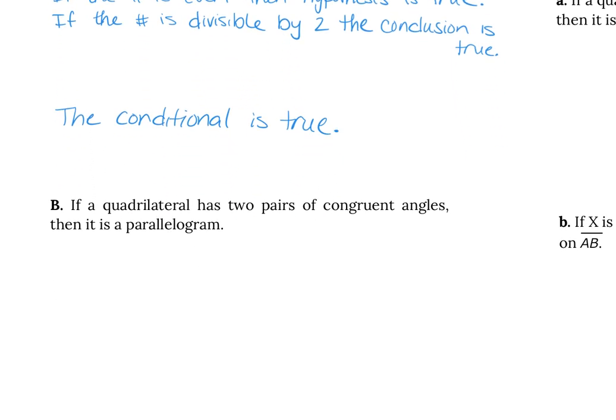B, if a quadrilateral has 2 pairs of congruent angles, then it is a parallelogram.